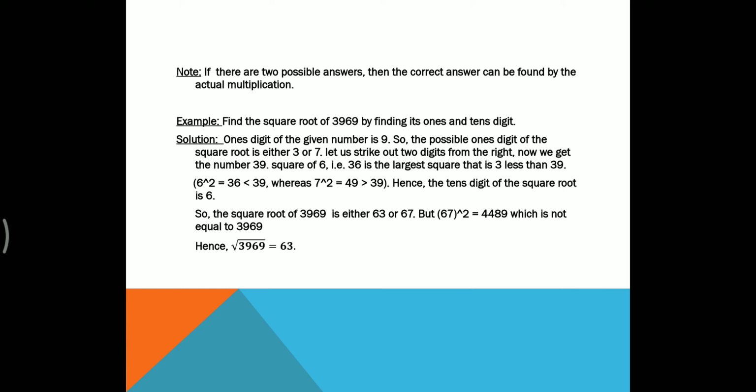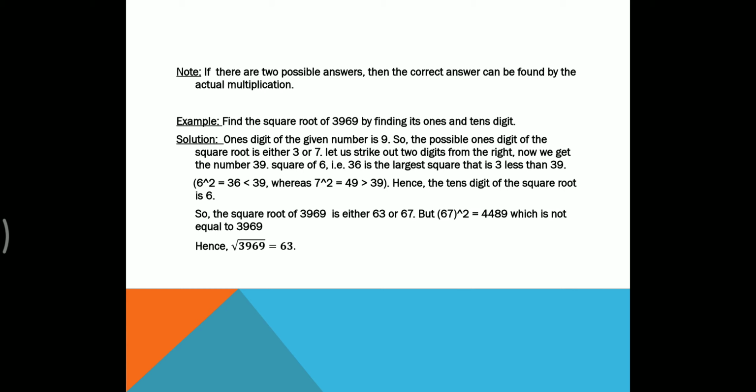You can see over here the number is 3969. I am striking 2 numbers to the right of the number, that is 69, so the leftover number is 39. Now we are supposed to take the square of a number which is less than this 39.